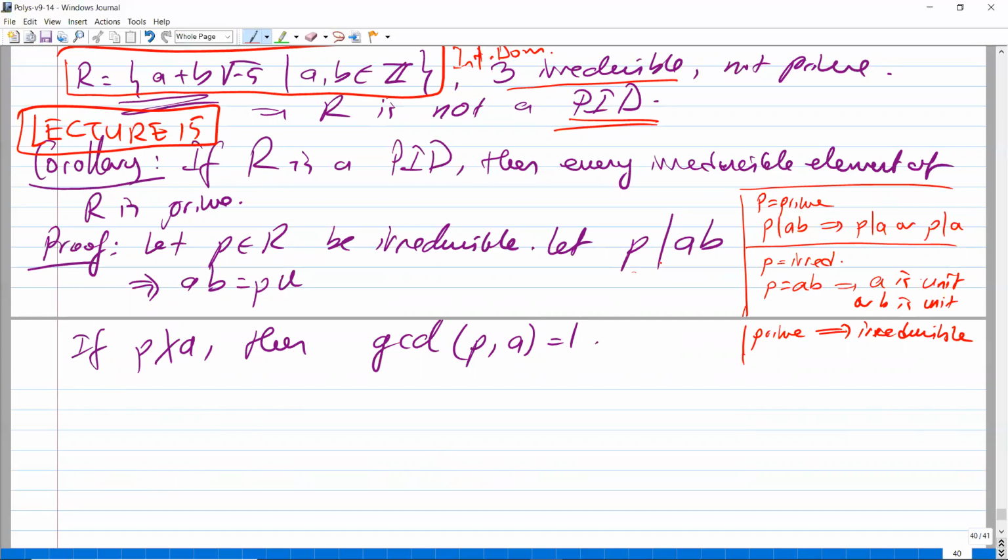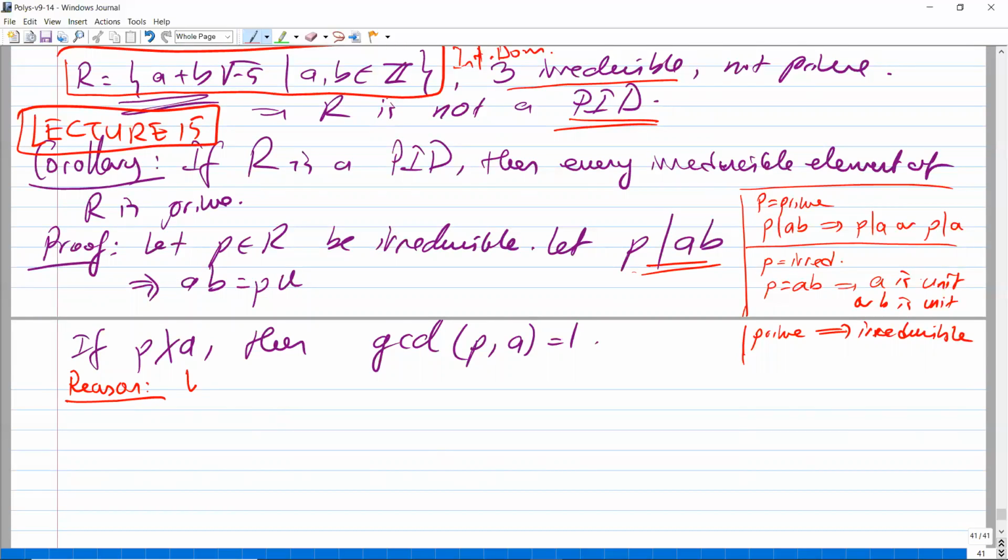If P divides A times B, then we may write A times B as P times U, by definition. Now if P does not divide A, then the greatest common divisor of P and A is 1, or is a unit. And here's the reason for this.